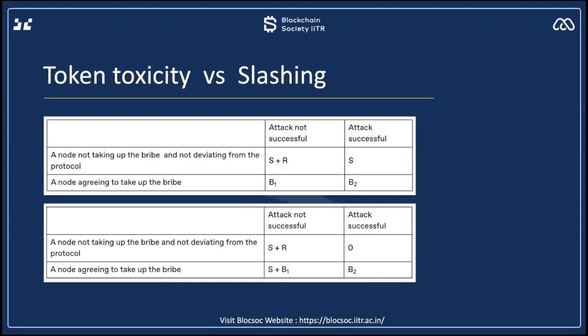And why, like, how is it different from slashing? So there is an argument that a few people would like to make that you don't need slashing in a proof of stake network to have economic security. And the logic behind that is basically that if you are staking some tokens into a network, then it's not some random token, it's the token of that network.